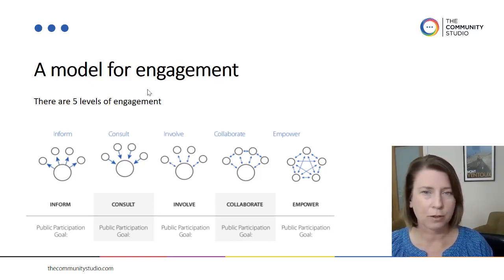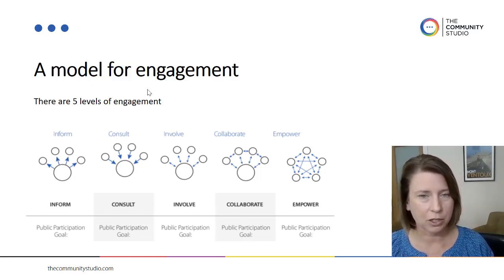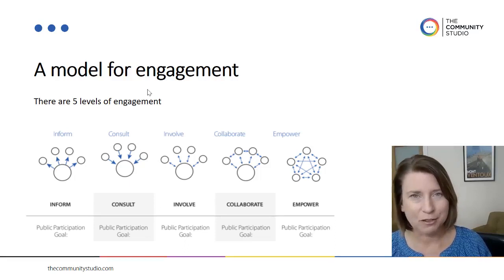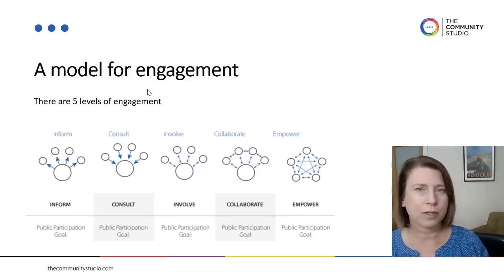And IAP2 is the professional association of this area. So it's called the spectrum of public participation, or just the engagement spectrum as it tends to be more lovingly known.